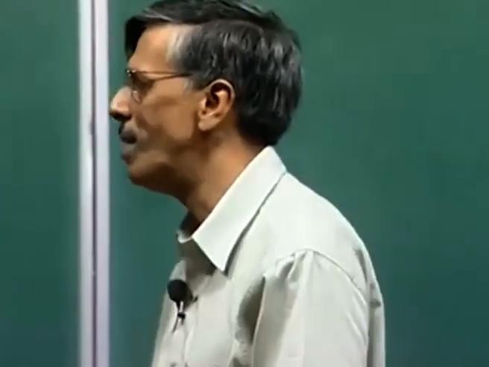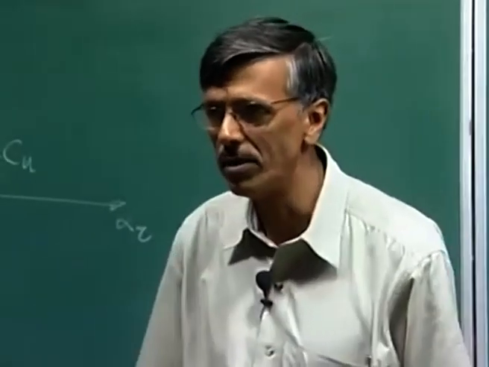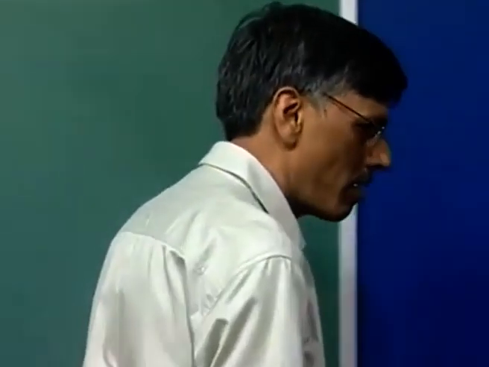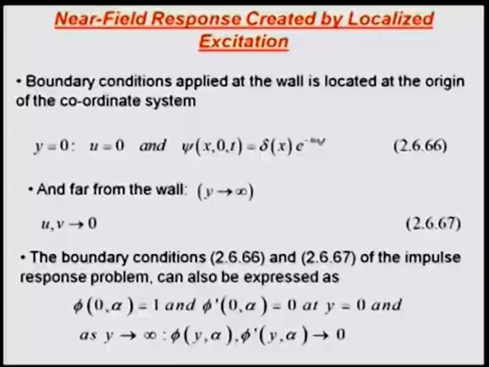There, how was this problem circumvented? We stretched the layer by introducing a new length scale. We discovered the boundary layer, which was thin. Now we are going to do the same thing. We are going to discover the boundary layer of the Orr-Sommerfeld equation. That is something rather interesting.